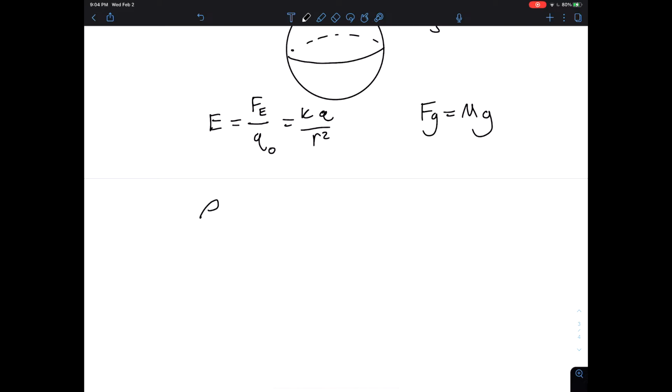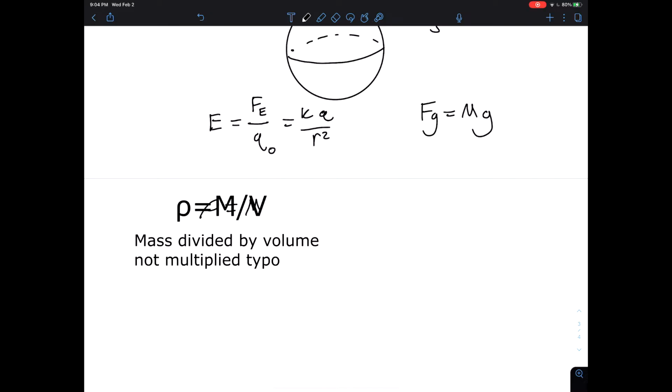And since our density is equal to the mass over the volume, and we need the mass in this force of gravity, we can rearrange this to get our density times the volume is equal to our mass.